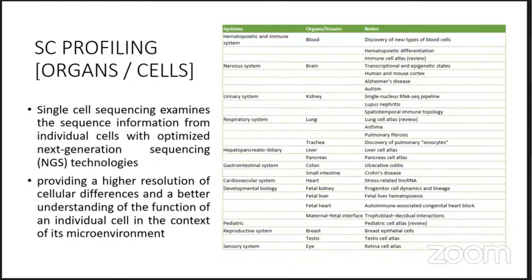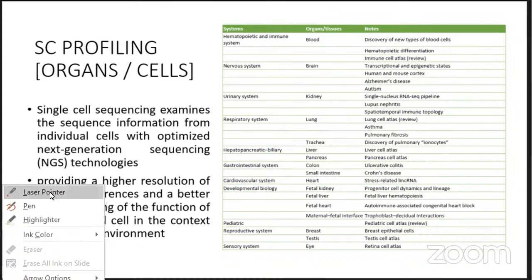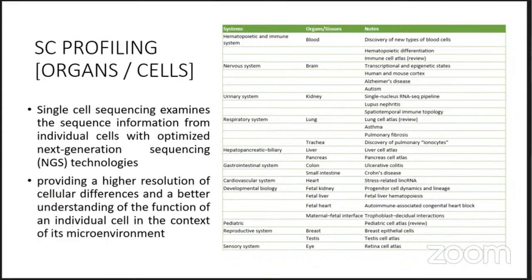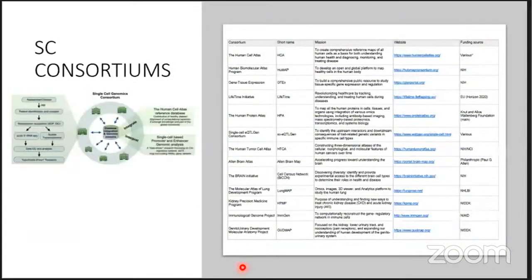To make this technology successful, many consortiums have been established over a period of time. So let us look at the different consortiums that have been established to achieve this goal. In this table, these are the consortiums. This table is growing day by day.